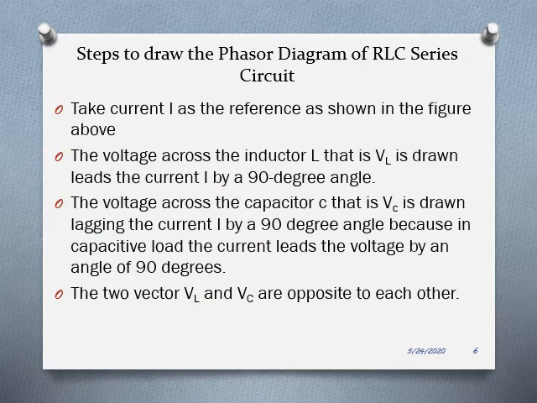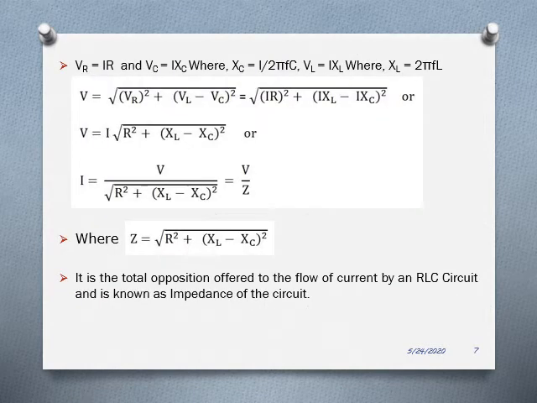The steps to draw is just what we have right now discussed. So, we have VR is IR, VC is IXC and VL is IXL. So, the total voltage will be the vector sum of the voltage across the resistance and the net reactance voltage.